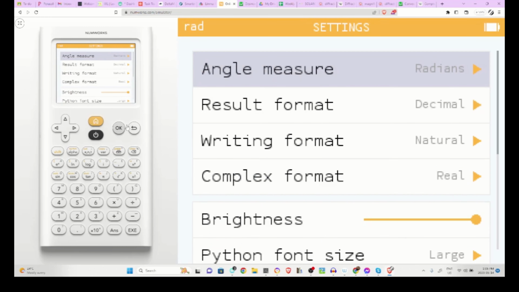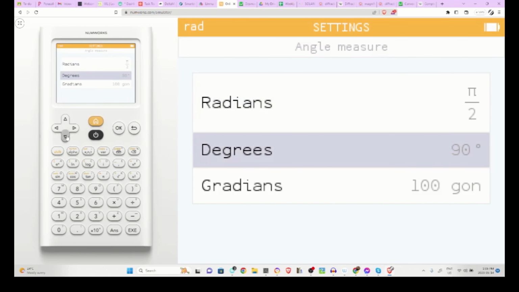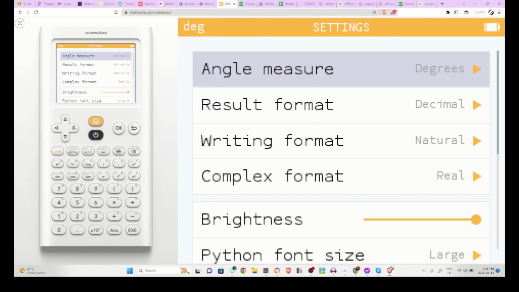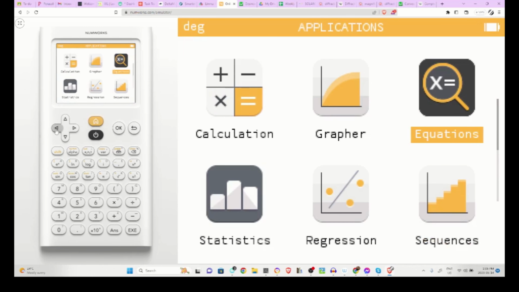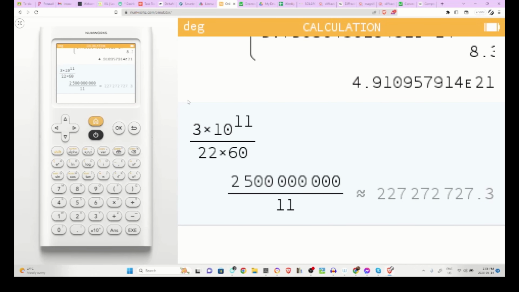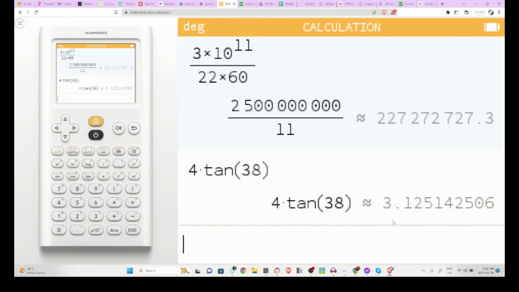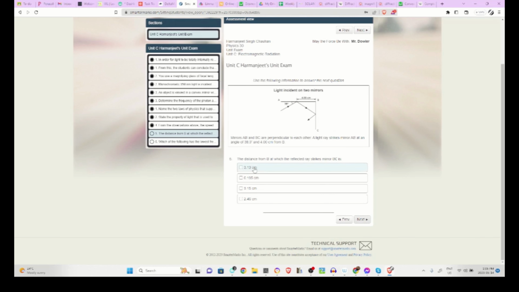Settings, angle measure. Let's go degrees. All right, now we're in degree mode. So 4 times the tan of 38 gives us about 3.13 centimeters.